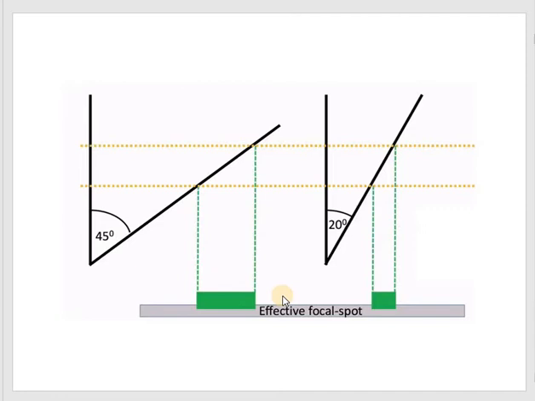Effective focal spot is the area of the focal spot that is projected on the exit window. So those are the basic definitions of what are taken into consideration in anode heel effect.